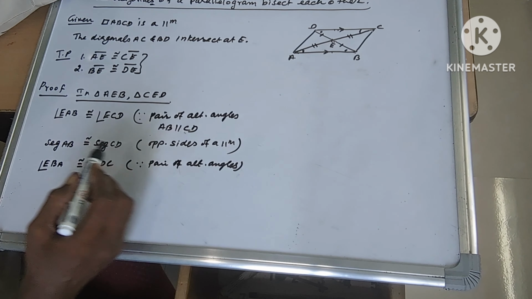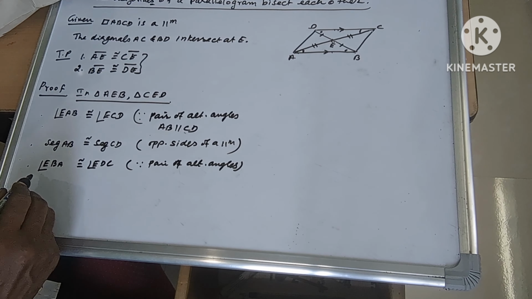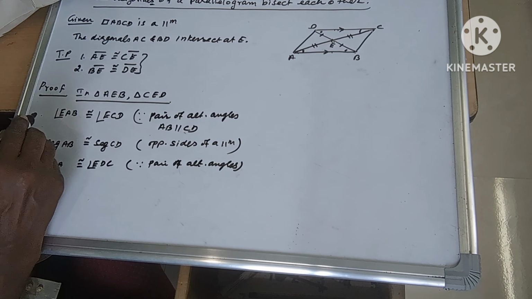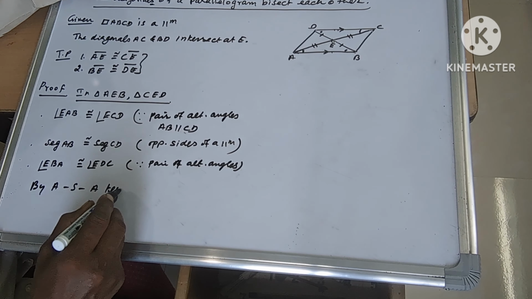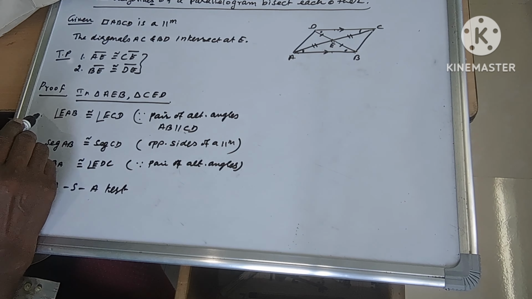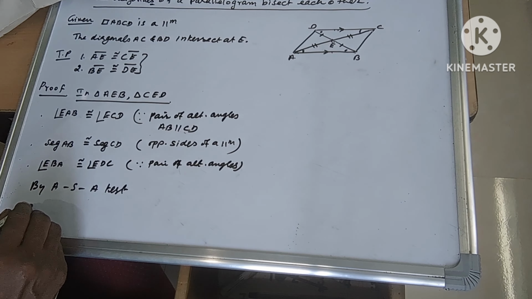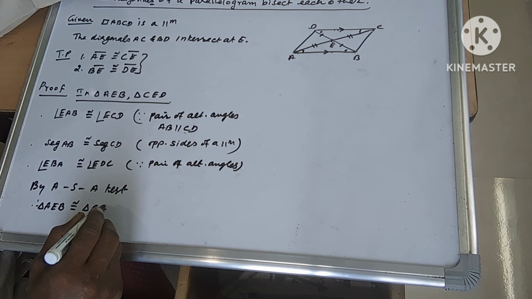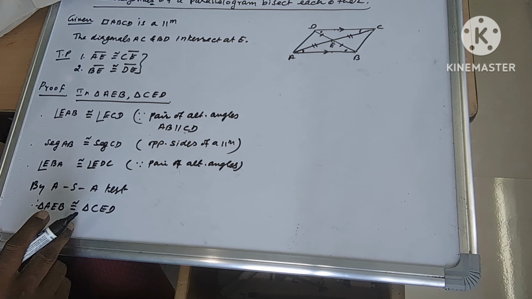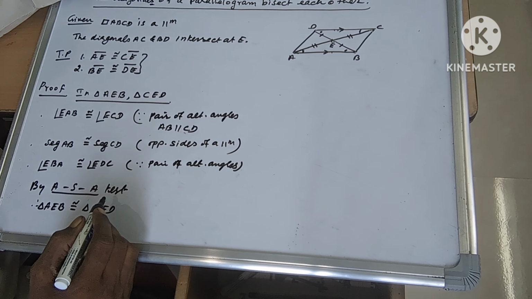Therefore, now we say this is angle, this is side, this is angle. By the angle-side-angle, ASA test, these two triangles, triangle AEB is congruent to triangle CED. So these two triangles are now congruent because of this ASA test.